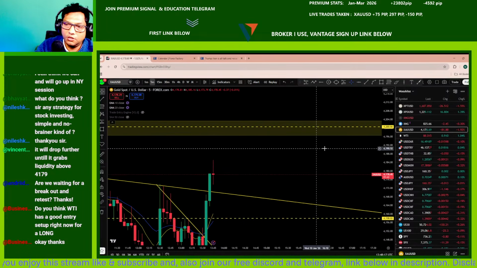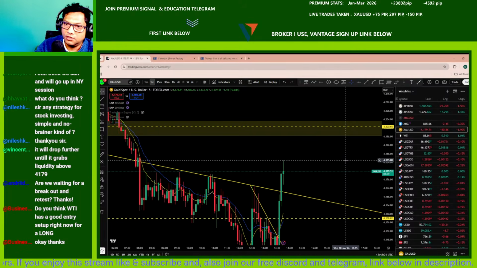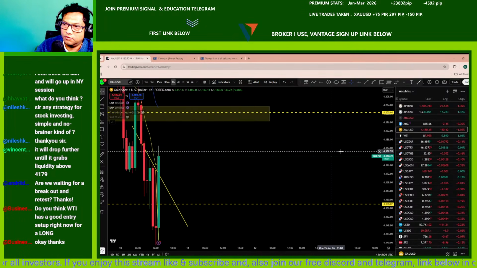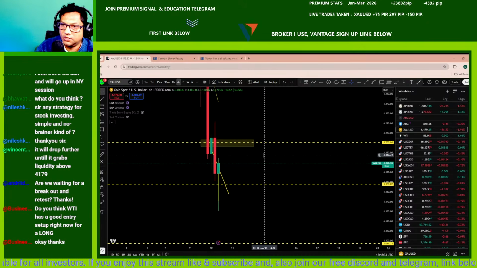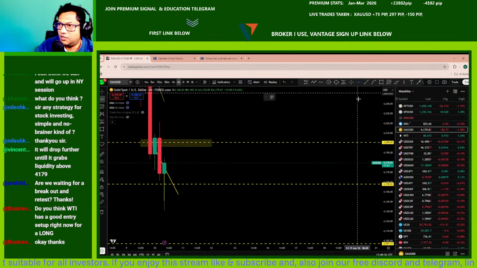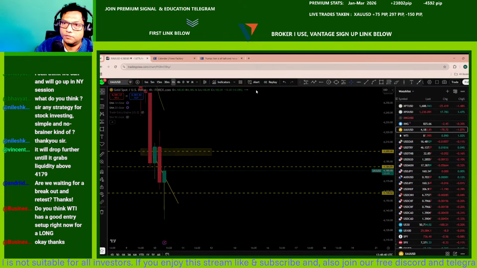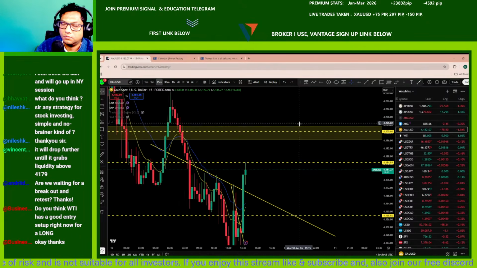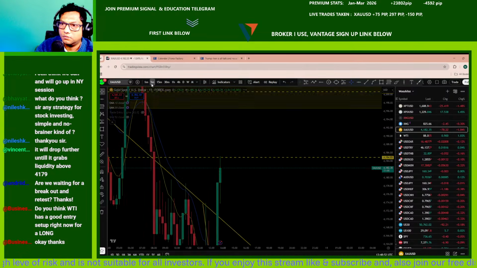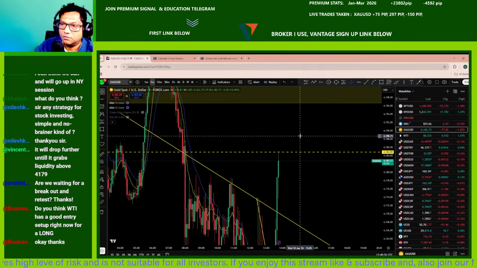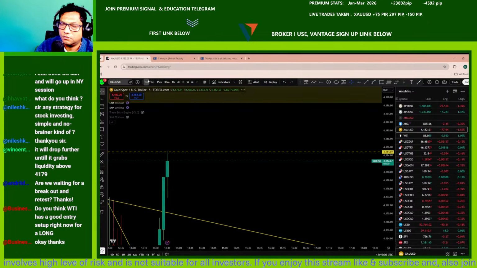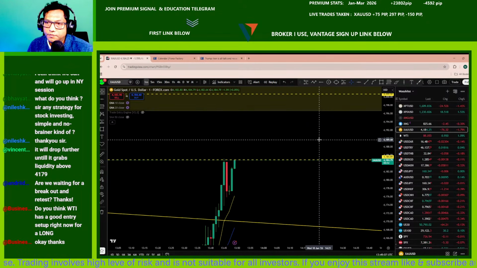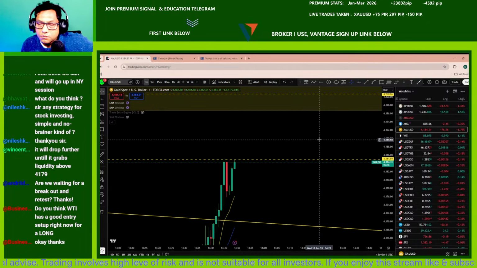I'm looking for a potential entry. You see the market has just crossed this trend line, and from the hourly perspective and also the 4-hour price action, it has created a new higher high. It's trying to break here.